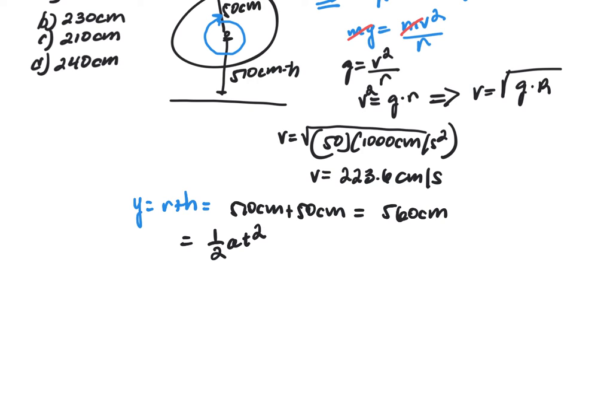So again, solve for your t, which is t equals square root of 1120 centimeters over a.